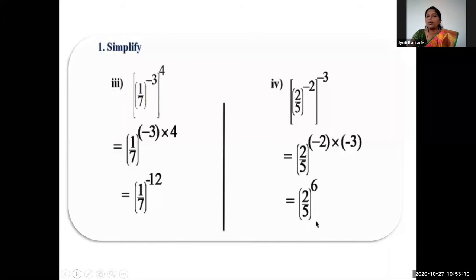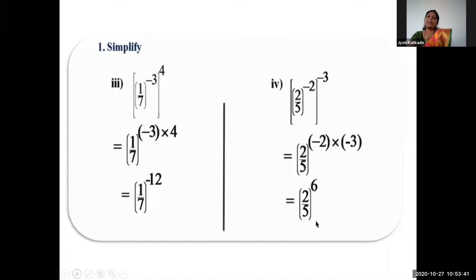If only one base is there and the powers are 2, 1/7 with power minus 3 and this power is 4. So we get 1/7 raised to minus 3 into 4. So take multiplication of both powers. We get 4 3s are 12, but the answer is minus 12 because there is a minus sign on 3. So 1/7 bracket raised to minus 12.